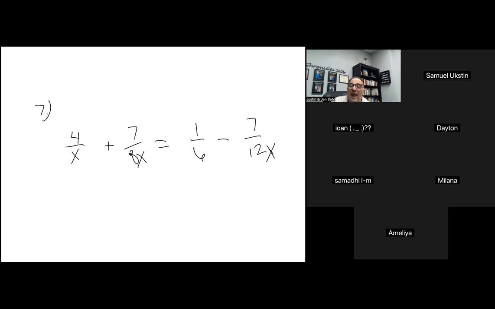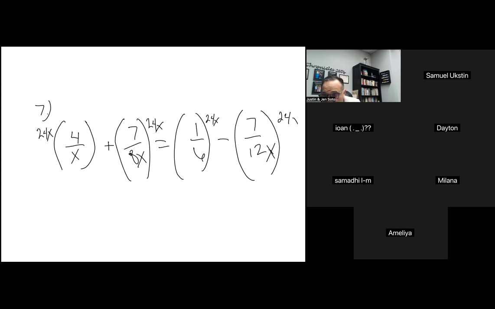So I'm going to multiply every spot by 24x. What that'll do is that will clear out this denominator all the way around. I need to do that for the least common multiple.